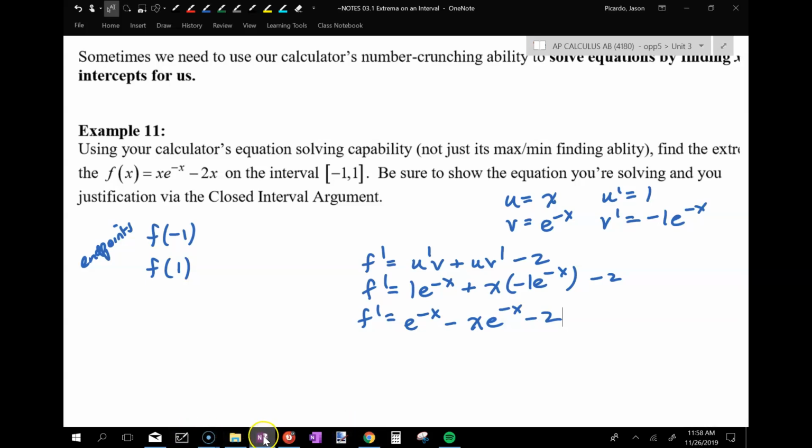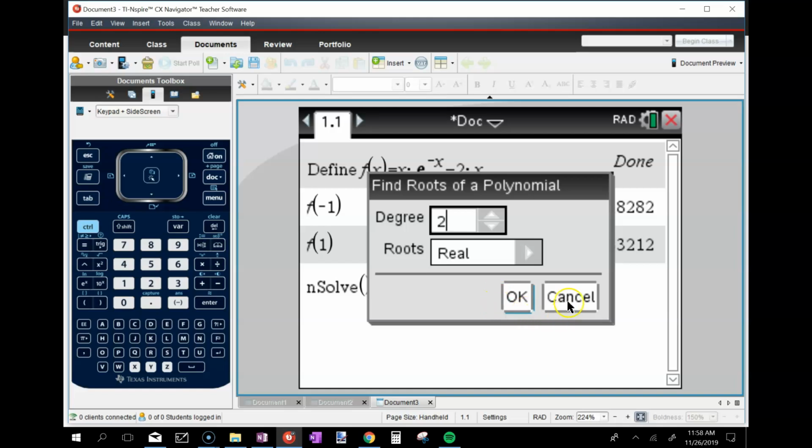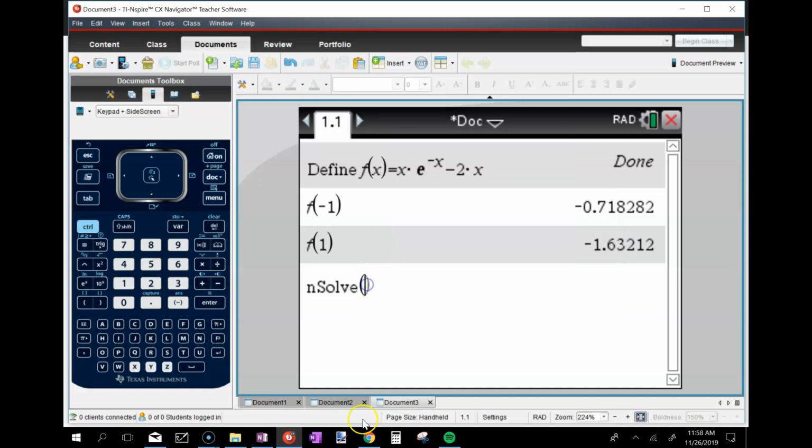All right, so now let's go back. So now I want to find roots. I could do it this way. Why don't we just do it this way? Let's do it as an unsolve, right? Because I want to know where that derivative equaled 0. So what did we have?